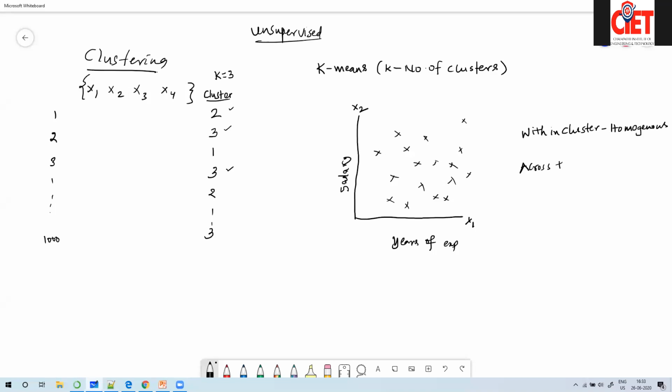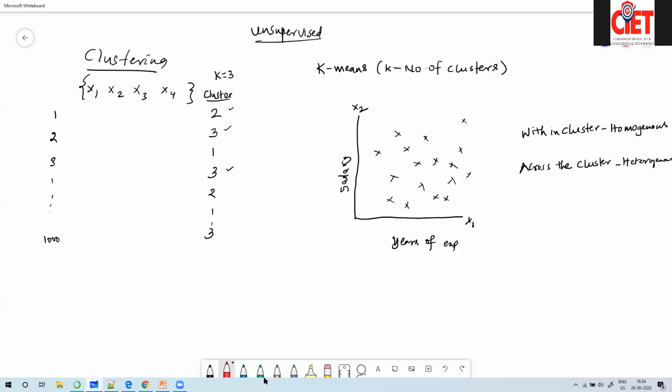Across the clusters, that means from one cluster to another cluster, they have to be heterogeneous. That means an observation that is present in one cluster and another observation which is present in a different cluster, they have to be very different from each other. That is when we could say the clusters that we have created are really good. So it has to satisfy these 2 conditions. Within cluster, homogeneous, across cluster, heterogeneous.